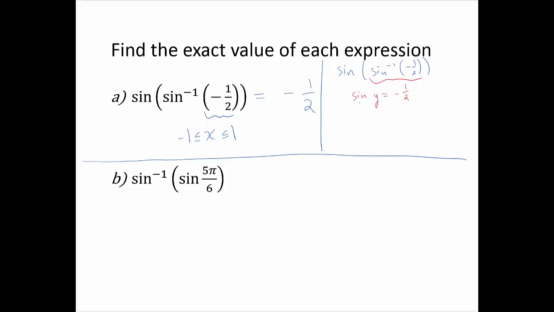Well, let's see. The sine of what angle is -1/2, so that's in the fourth quadrant, or the negative first quadrant, if you're thinking about the direction. And so then that angle would be -π/6, and so then we can think, okay, well then what's the sine of -π/6? And of course then that's -1/2.